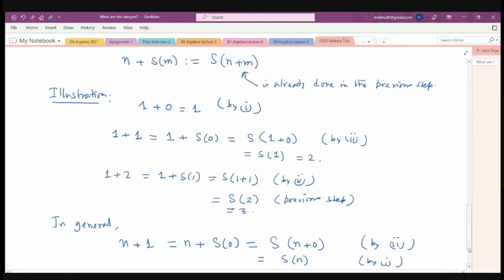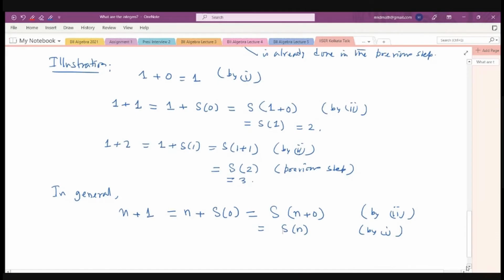So what it tells us is that successor of n is n plus 1. This plus was not there before. Now that we have introduced the symbols and defined addition in this way, we can forget about all those things which we did with set theory, like empty set, successor operation, etc. Right now you have natural numbers 0, 1, 2, 3, and you know how to add.